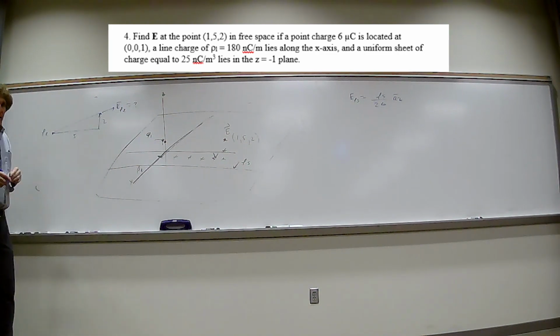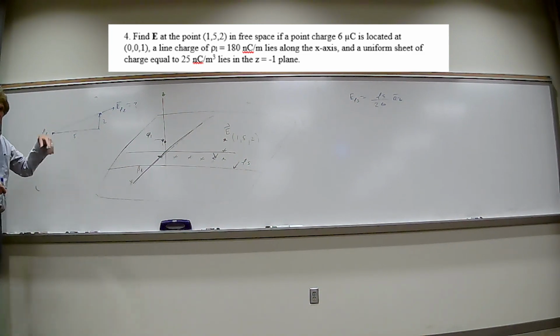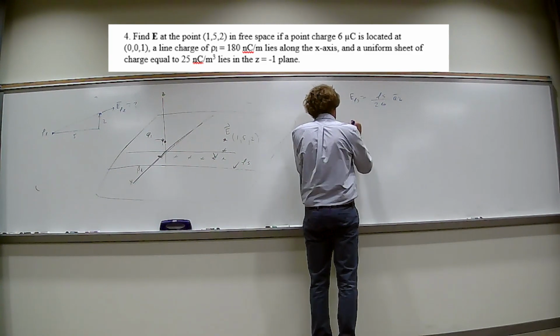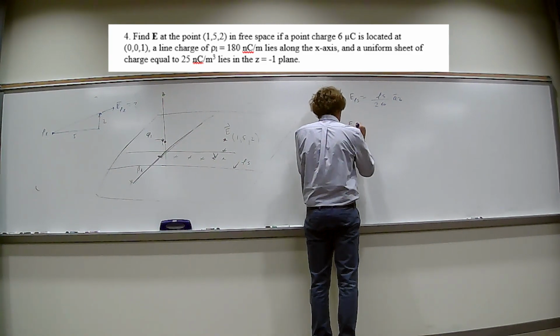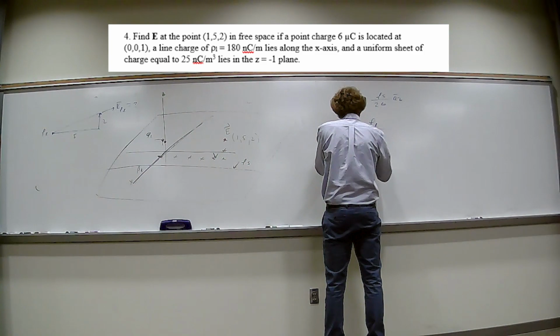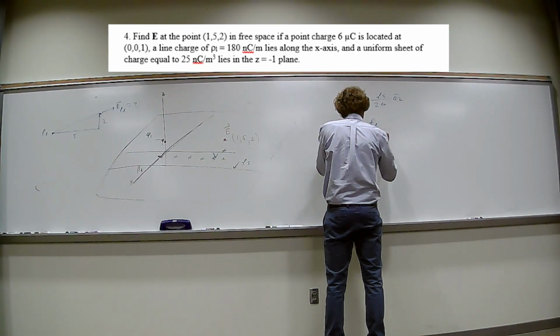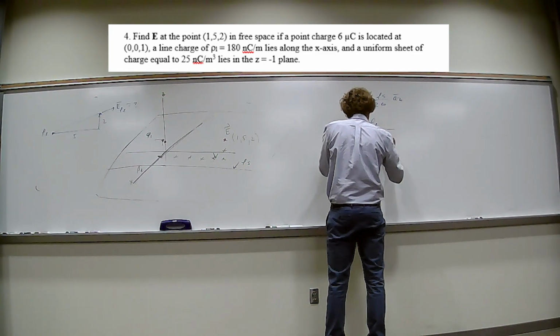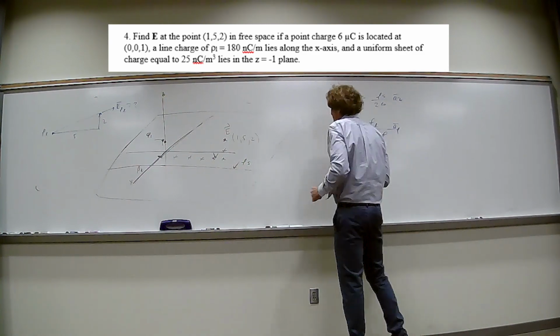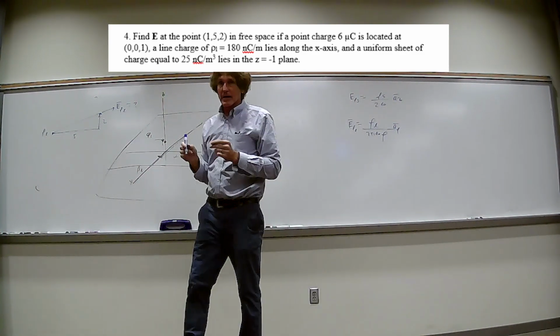Now, the way we talked about this, to get that line charge, I'll put it over here. Remember, the electric field from the line charge, rho L, is going to be equal to the charge density, since it's infinite, rho L, over 2 pi epsilon naught, divided by rho, and then a_rho. Do y'all remember me putting that down?